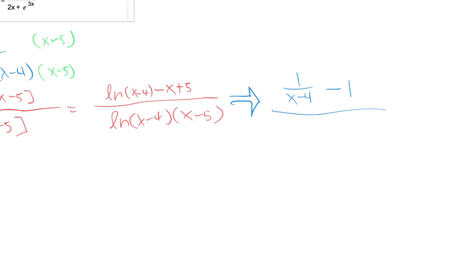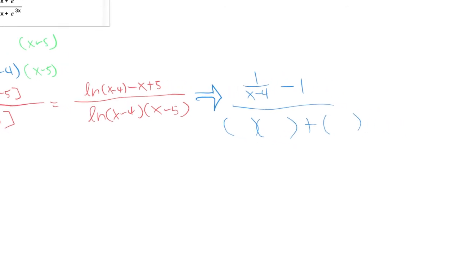This would be a product rule situation. So we have, let's just keep this first one as is. That should be x minus 4. And this would be 1. The derivative of this guy is 1. And then we're going to have 1 over x minus 4.